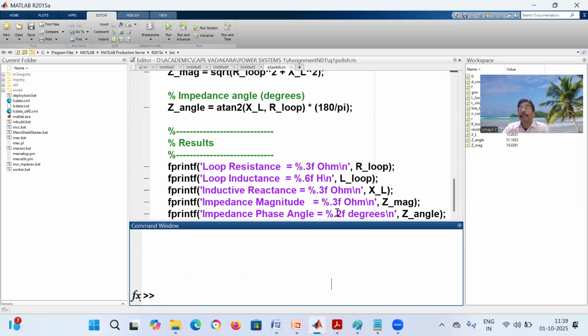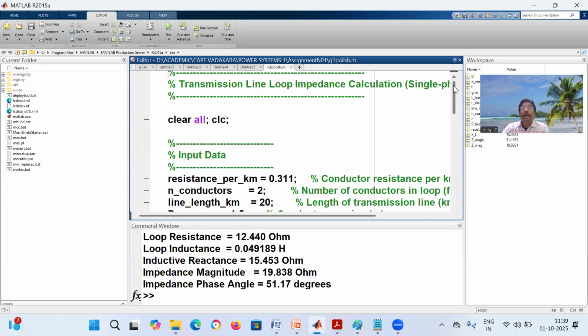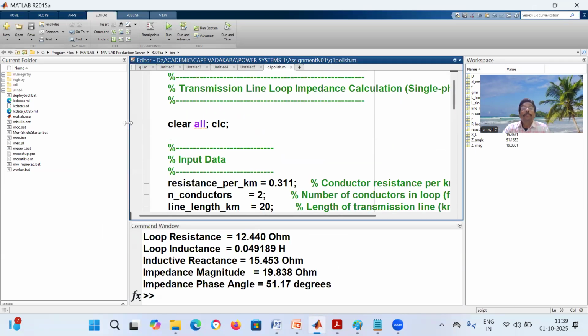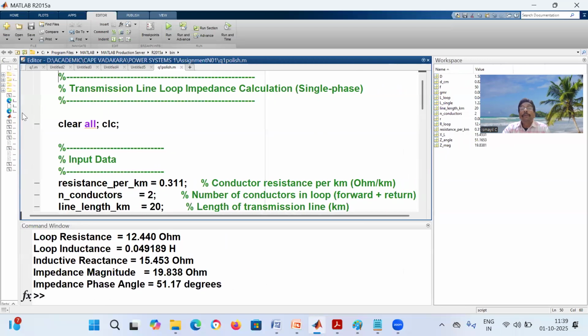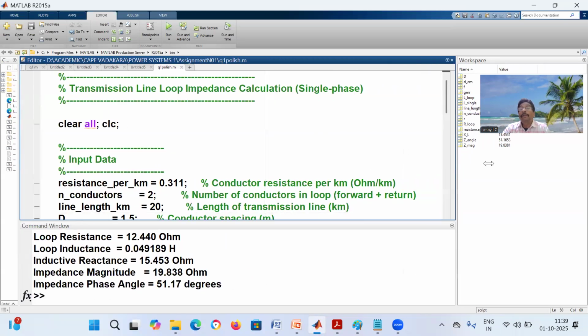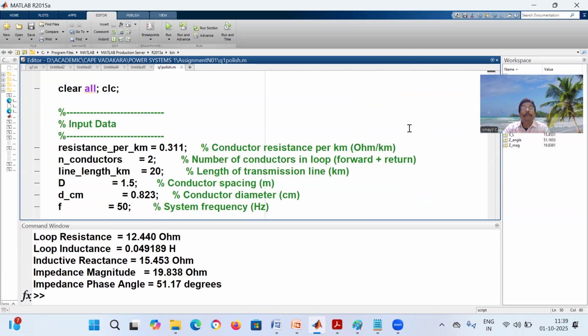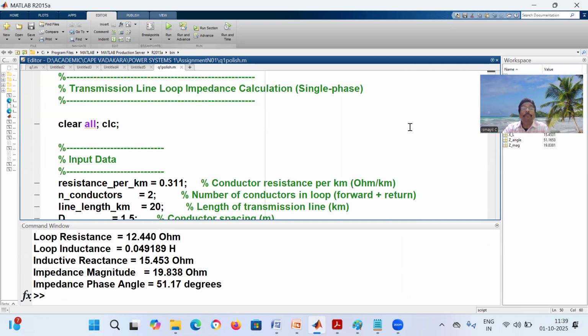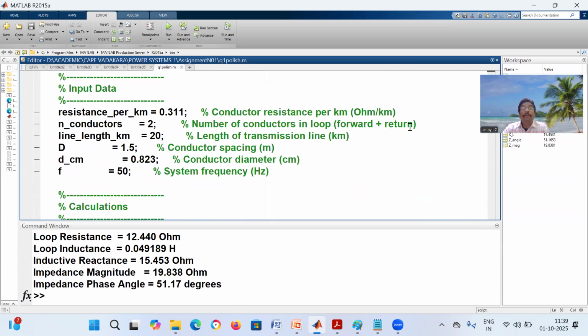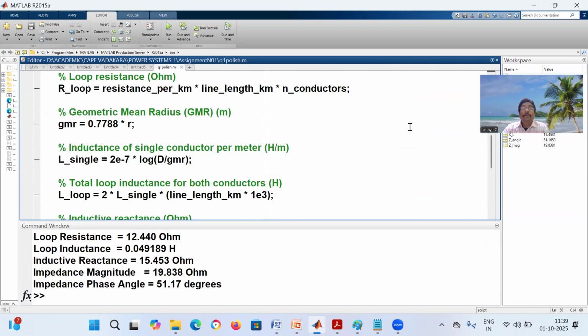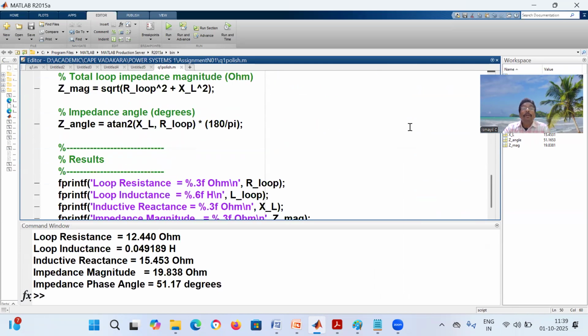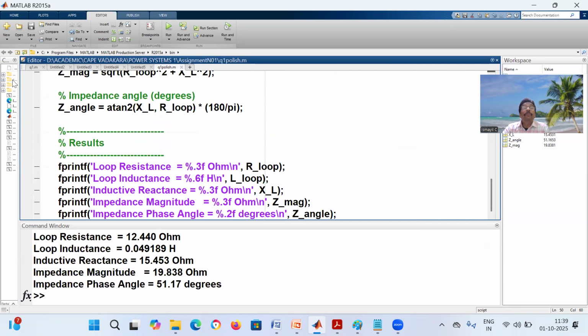So this is my MATLAB window. I have typed the program in the MATLAB editor, so you can see the same program here. After typing it, you can save it with some file name.